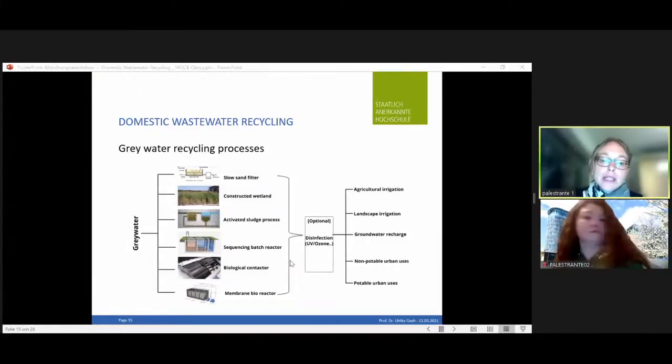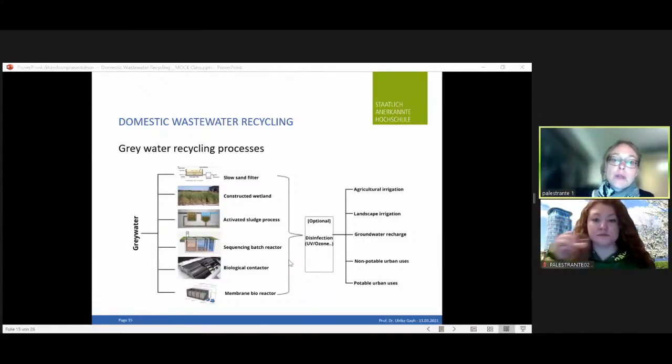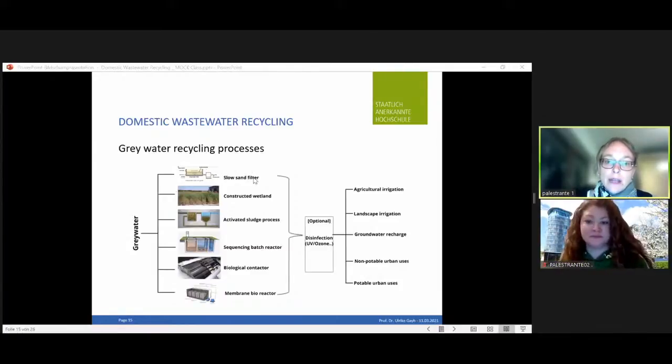Here we have a list of gray water processes. You have here this sand filtration, which one of you has mentioned. This is possible. You have a constructed wetland. These are plants such as reed, for example, which are cleaning your water.